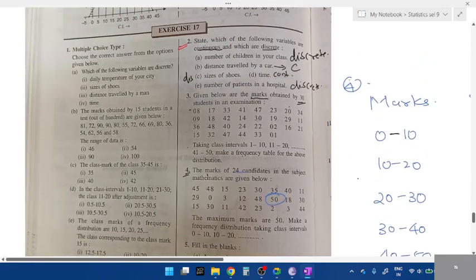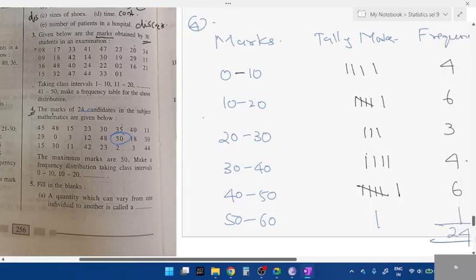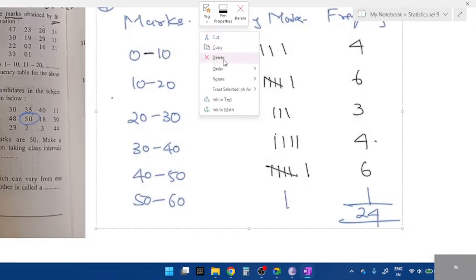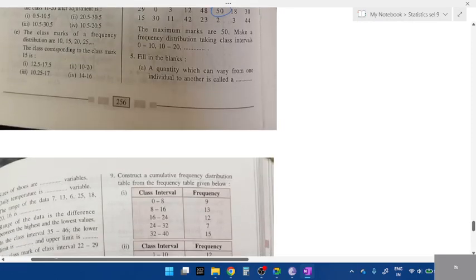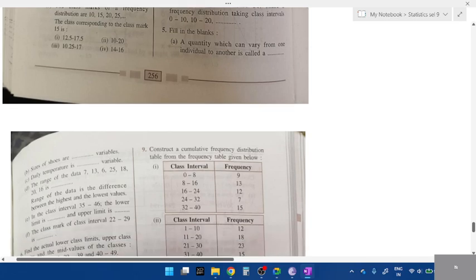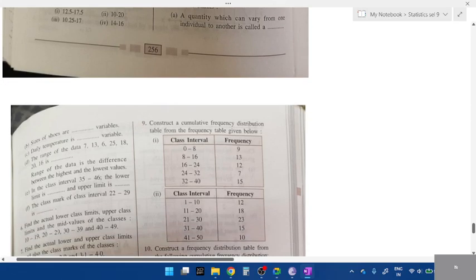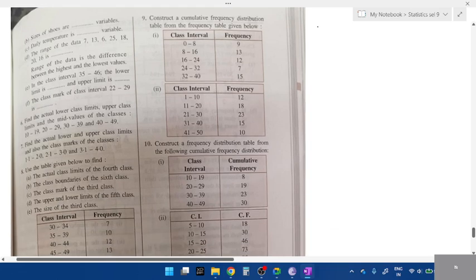Yeah, we did the fourth one, right? Look at the fifth and sixth ones, students. Fill in the blanks, we'll do later. First, we'll complete this. Look at the sixth question.